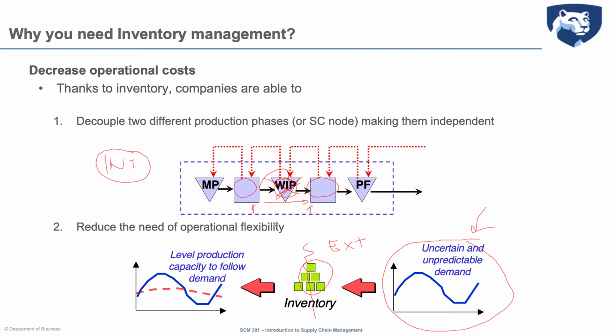This, of course, requires a higher level of flexibility from the supply chain. So there needs to be a capability in the supply chain system to react, adapt, and organize itself to an uncertain and unpredictable demand. If we don't have anything in between, that's what we have to deal with.